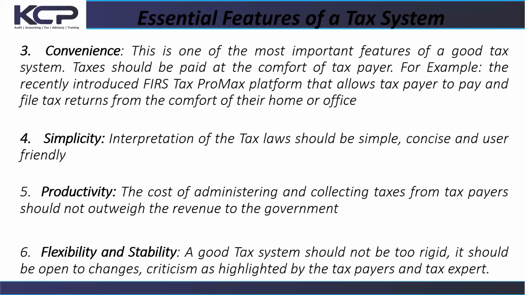Our tax system is expected to not only be very consistent, but flexible to needful changes. For example, during the COVID period, everybody knows that the ability to earn income was actually impaired. So it is expected that our various tax administrations should swing into action and make requisite adjustments that will encourage this canon of flexibility during that period.